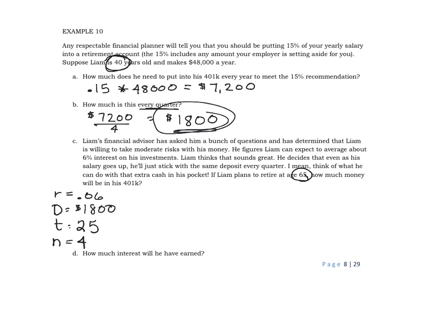Now we're ready to go ahead and put this into our formula for annuities. Here's our deposit that we're going to make every quarter. Then 1 plus the rate divided by 4, and that will be raised to the 4 times 25.